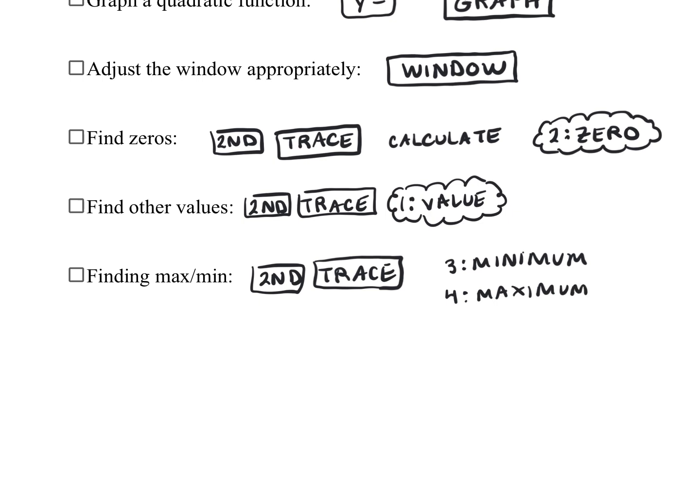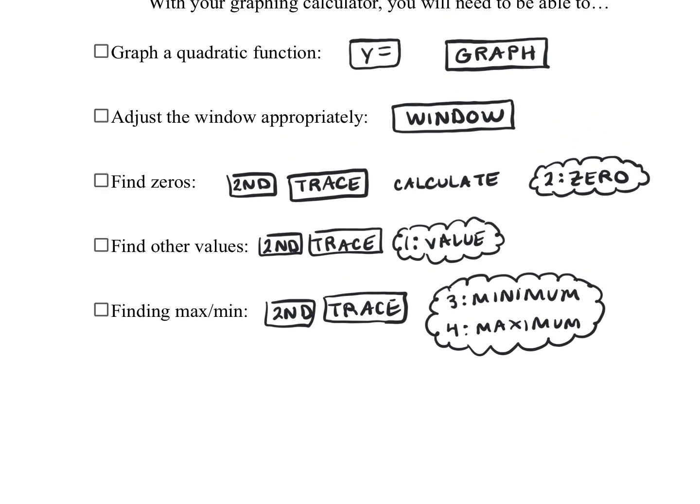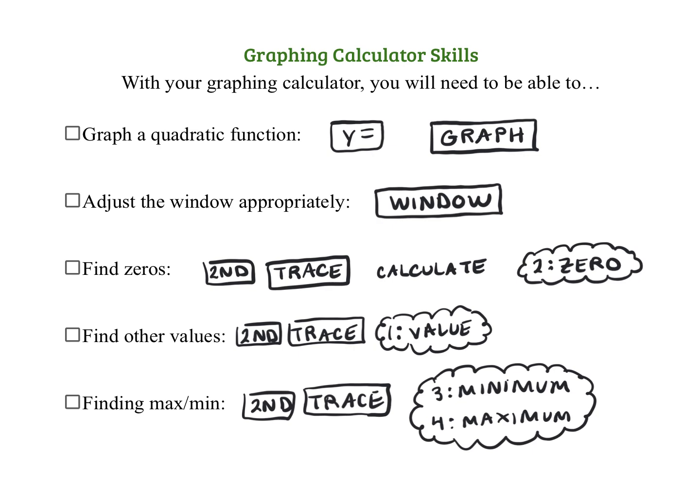Now there's kind of this interesting process. It will ask you to locate a left bound and a right bound. So you scroll your cursor over until you're clearly to the left of your vertex. You hit enter. Scroll it until you're clearly to the right. You hit enter. And then you will have to hit enter again a third time before you get that max or min value. A very similar process to finding that 0.